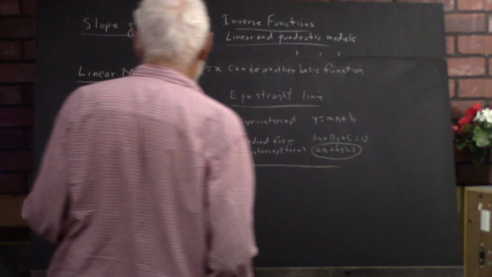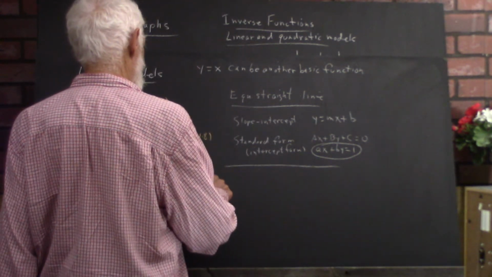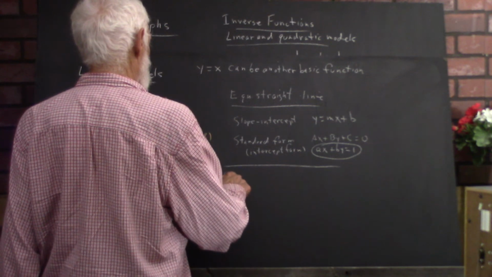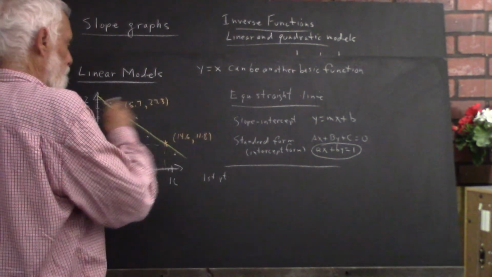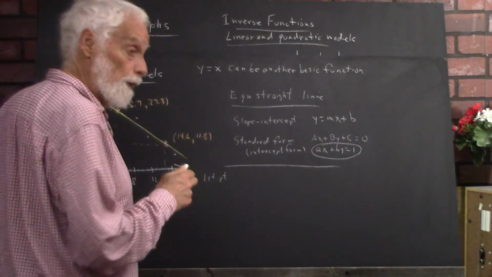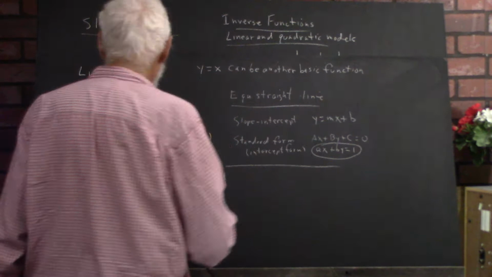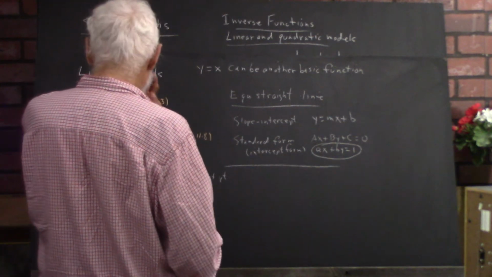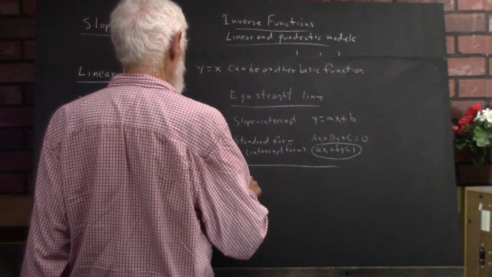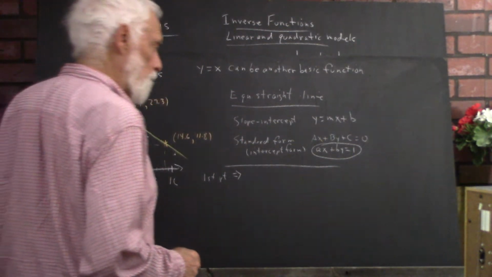So using this form, I'm going to take the first point. I'll do my points first, second, left to right, but I could call this first and this second. It's the first one I wrote down, wasn't it? Anyhow, the first point is 5.7, 27.3.